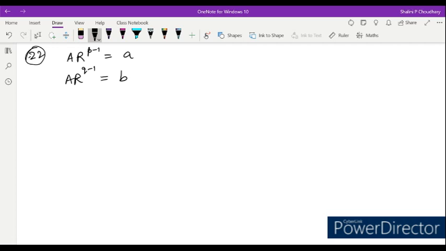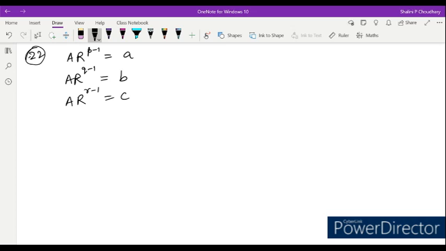Here we have taken capital A and capital R, because a small a would cause confusion, and r is also there, the rth term, so r would also cause confusion. So capital A is the first term and capital R is the ratio. And this will be c.